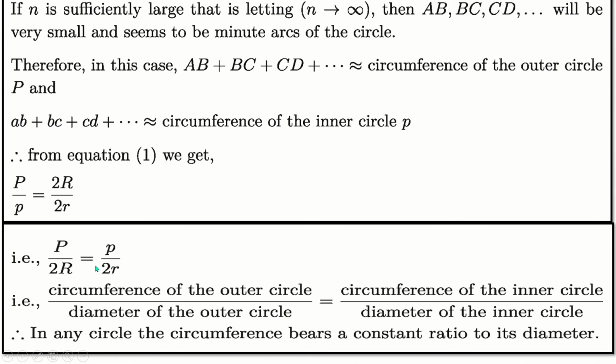Now modifying, capital P divided by 2 capital R equals small p divided by 2 into small r. That means the circumference of the outer circle divided by the diameter of the outer circle equals the circumference of the inner circle divided by the diameter of the inner circle. Therefore, in any circle, the circumference bears a constant ratio to its diameter. Clear, everyone?